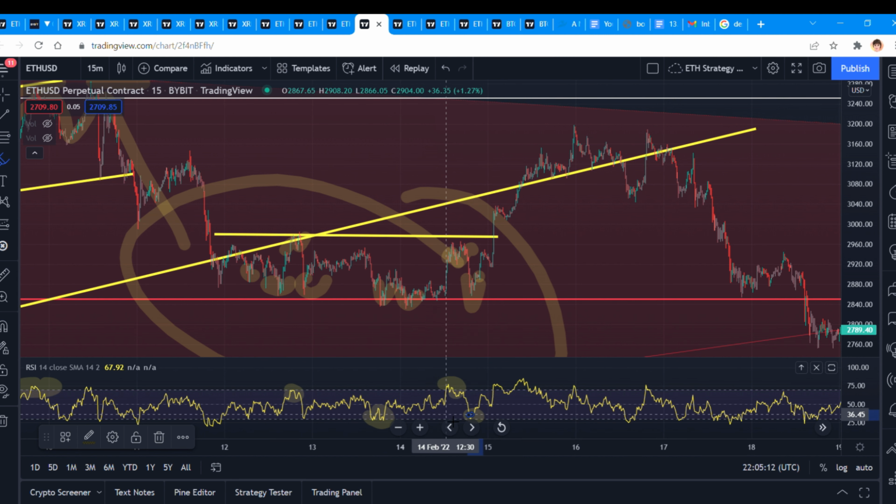So go in if you're pattern trading between the levels of support and resistance, and go in when your patterns are clear to you and confirmed by the RSI. Don't go in for any ziggy-zaggy.